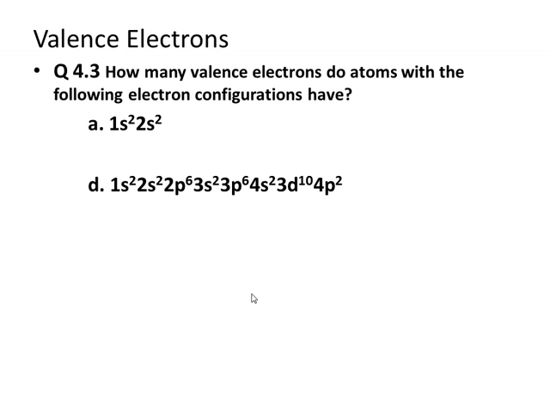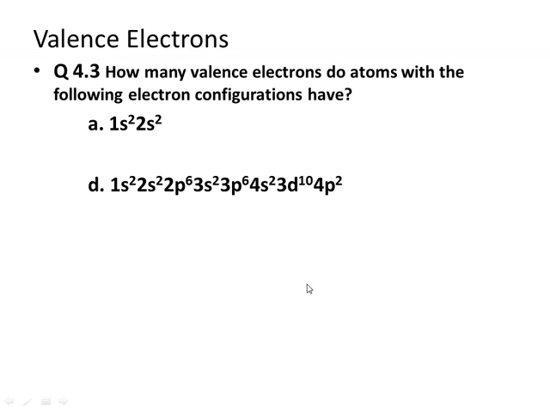Okay, so let's get started with the first problem that's on page 106 of our textbook, and this namely is problem 4.3. It says, how many valence electrons do atoms with the following electronic configurations have? Before we get started with the problem, it's a good thing for us to take a minute and understand what is meant by valence electrons.